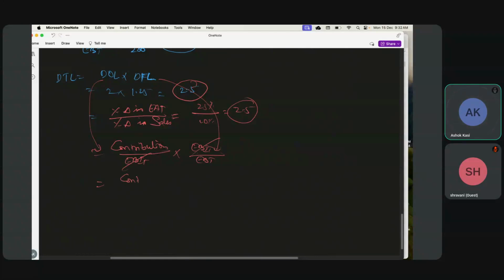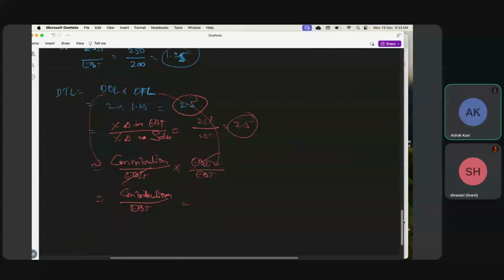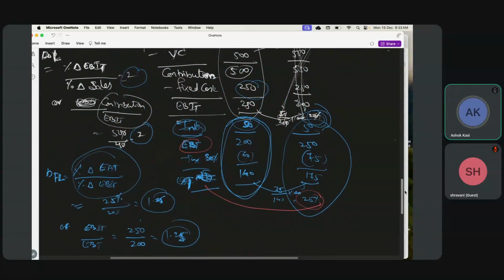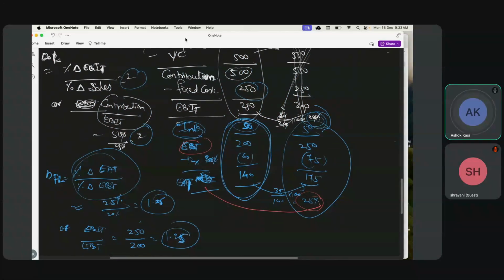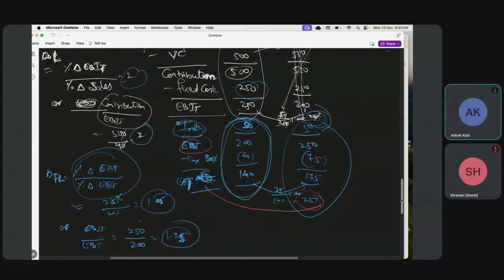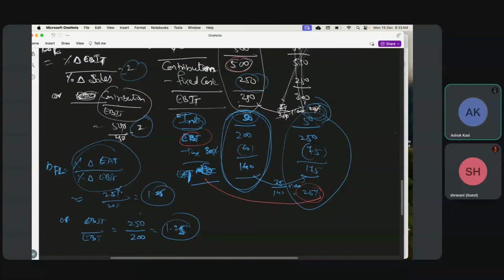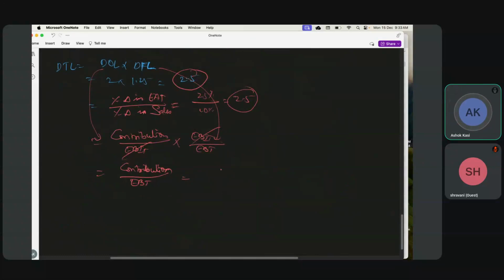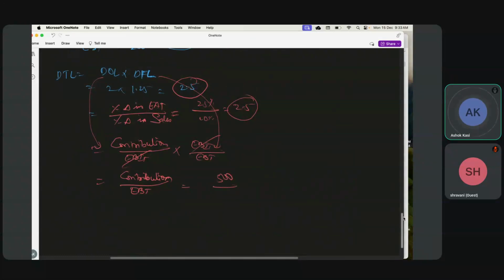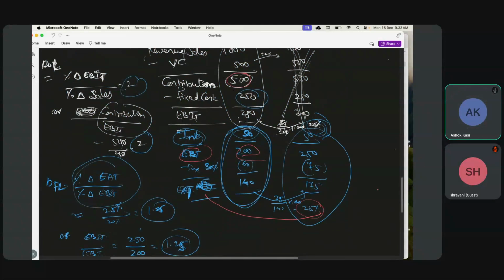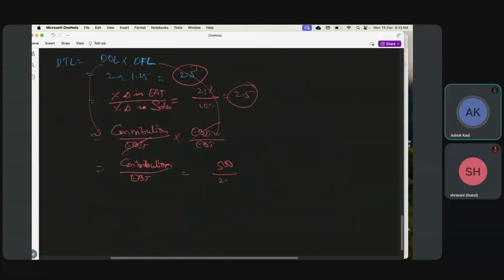So left is contribution by EBT. So contribution $500 divided by EBT 200. So just check this one. This will also be 2.5, correct?